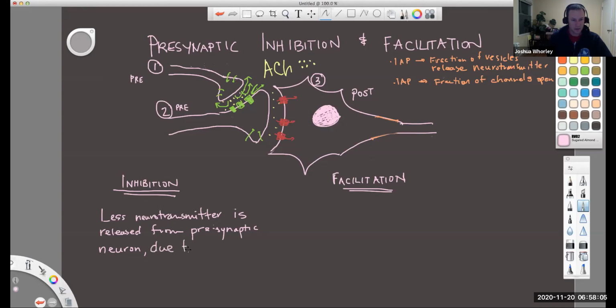So due to some sort of inhibition or reduction of signal transduction. We'll just say it very simply as signal transduction. This is just one example of it. Okay, so that's presynaptic inhibition.